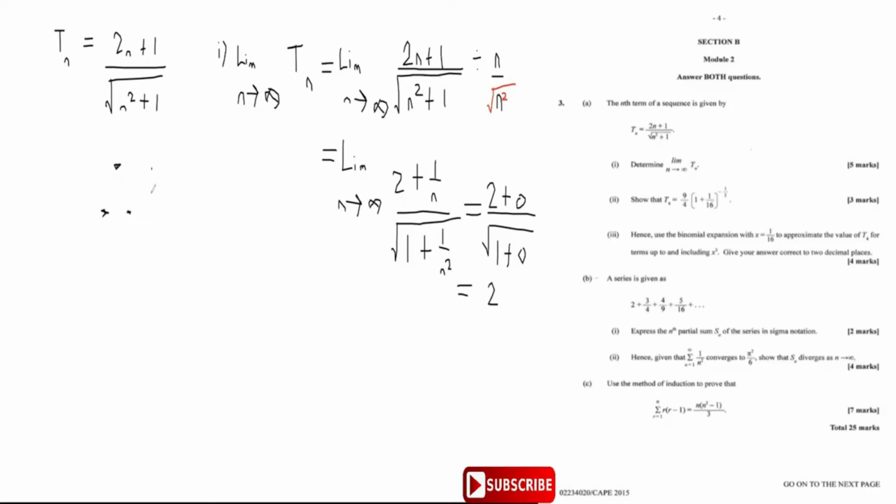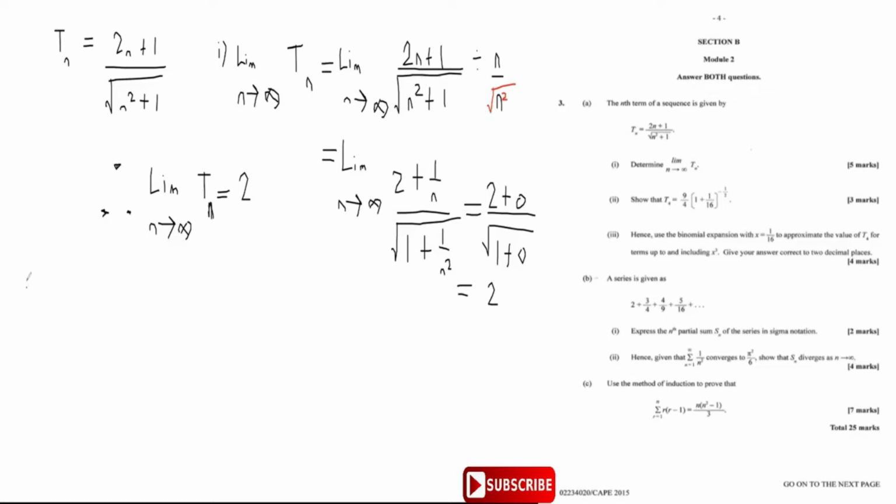Therefore, the limit as n goes to infinity of Tn is equal to 2. Nice and easy. That takes care of part 1.